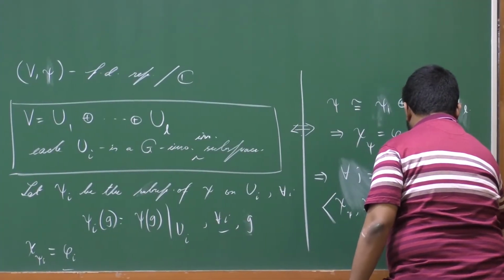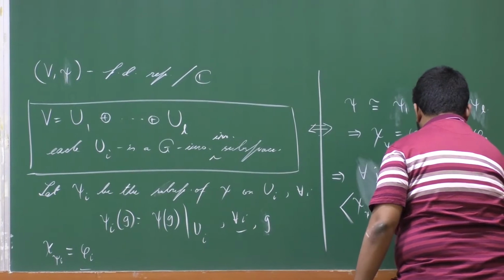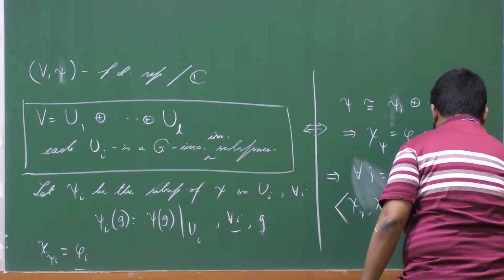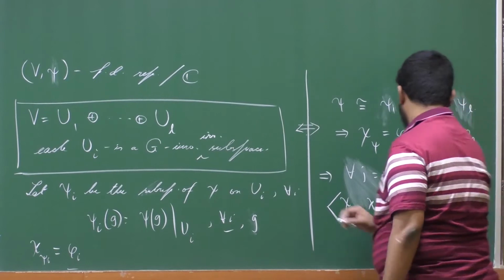So this is the sum over i from 1 up to L of the inner product of phi i and chi j.